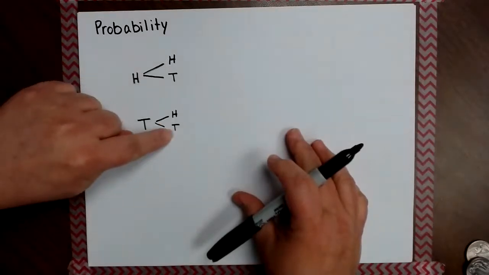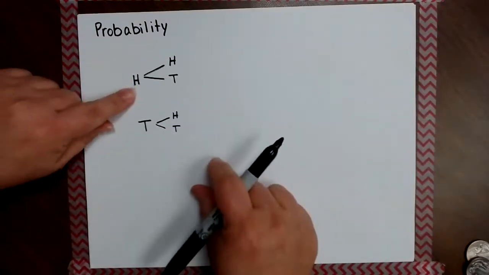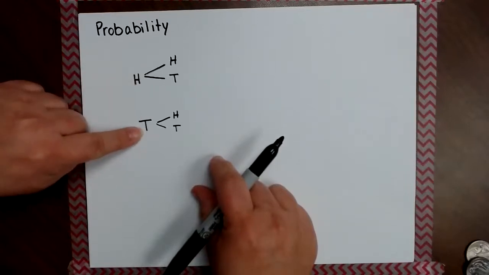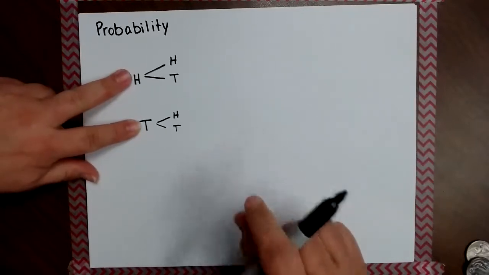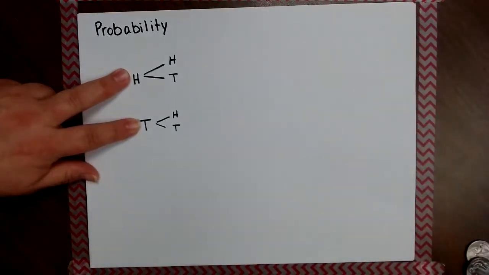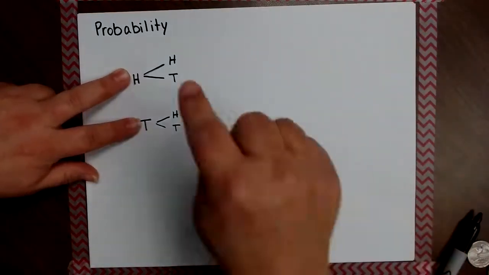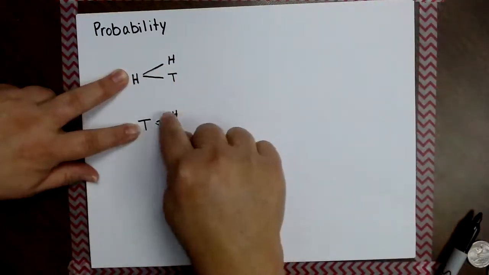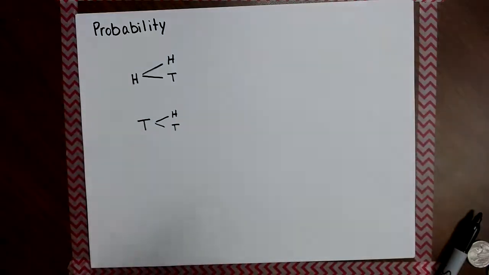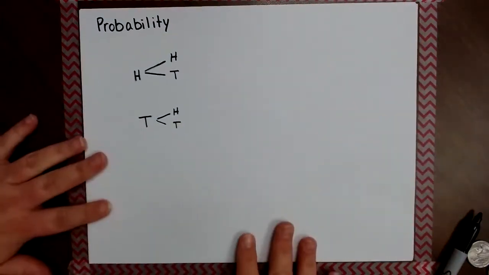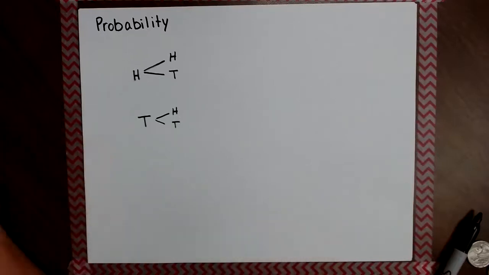This is your second coin. So if I flip the first coin, it's either going to land on heads or it's going to land on tails, okay? When I flip the second coin, it's either going to land on heads or it's going to land on tails. So I could have heads, heads, heads, tails, tails, heads, tails, tails. So there are 4 different possibilities that this could go, okay?